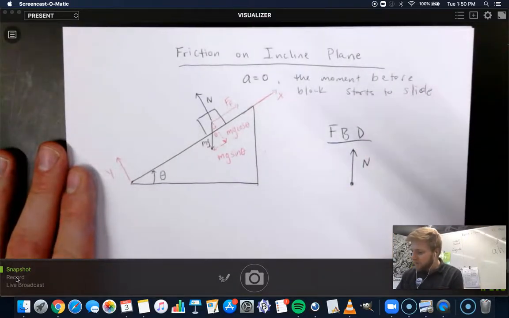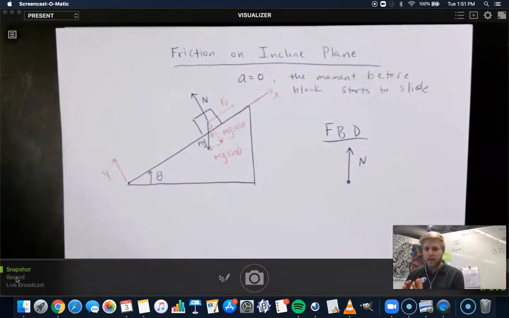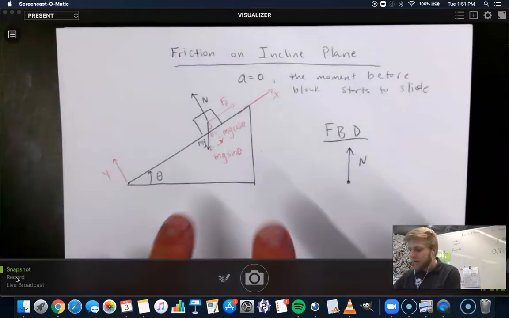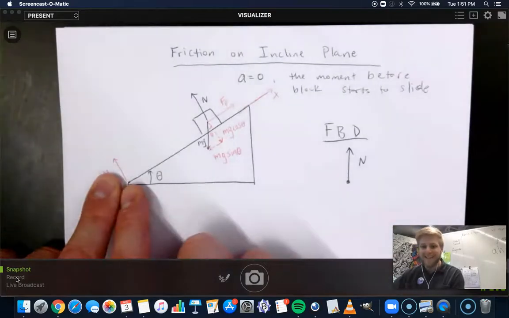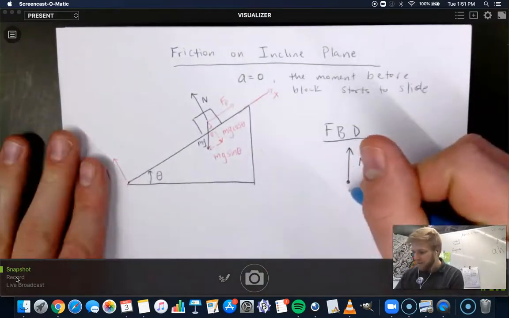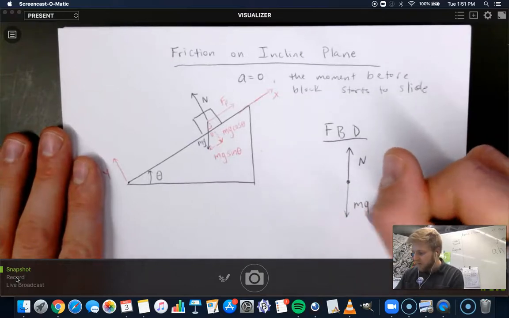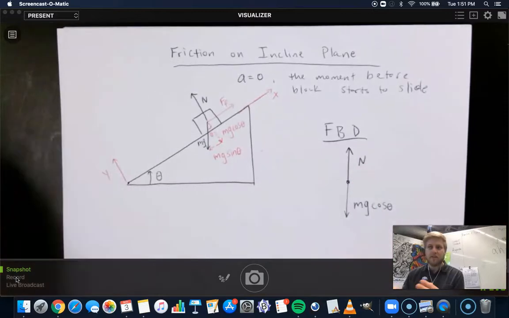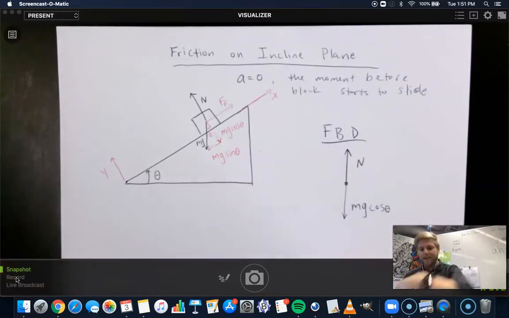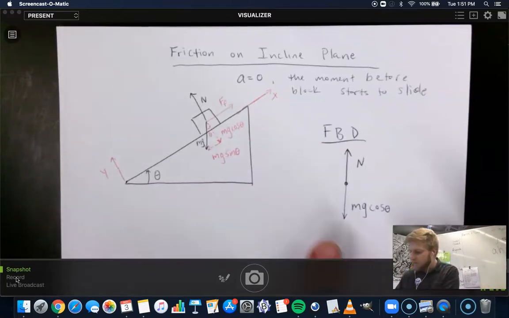So now, instead of weight being straight down, if you look at our picture, we're actually getting one of the components of weight. As we lift that up, this triangle will be a similar triangle with the big incline. So all of that is to say that this force here is mg cos theta, and we know that those are balanced because the block isn't moving into the inclined plane or up, it's just sitting there. So these are balanced.